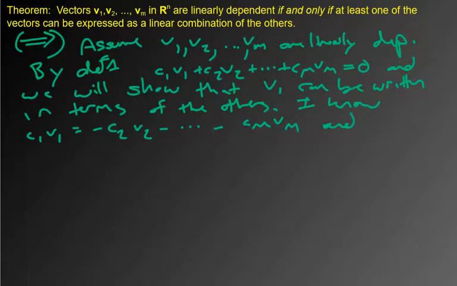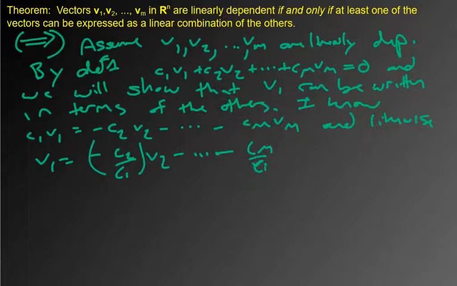And I can divide by c1, and likewise, then v1 equals minus c2 over c1 times v2 minus, minus cm over c1 vm. And that basically does it, right? So now I've shown the way that we write v1 in terms of the others.